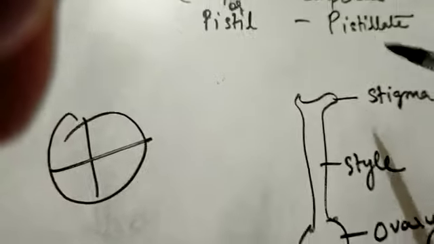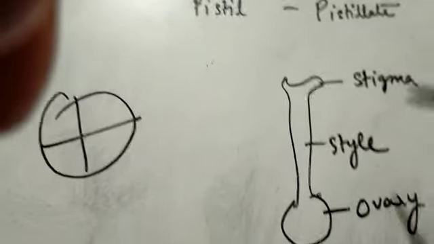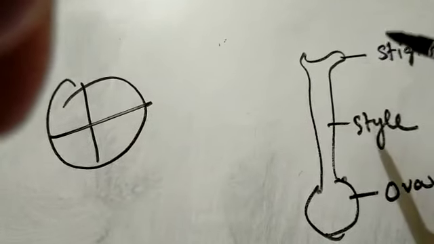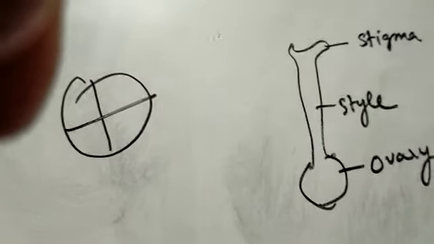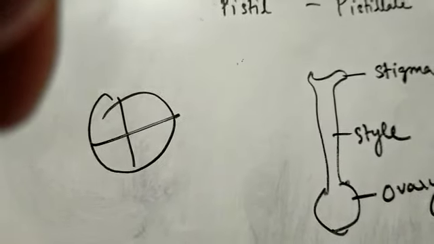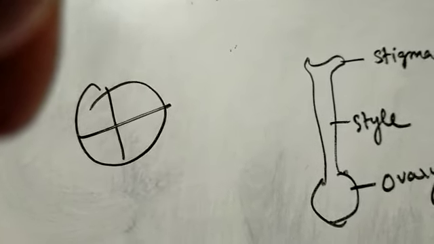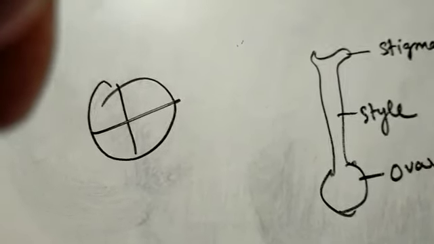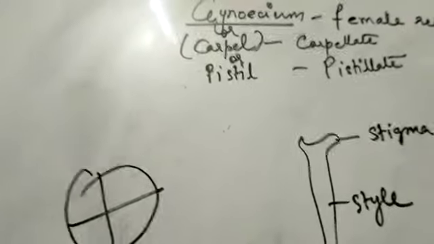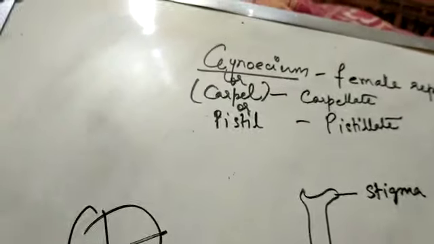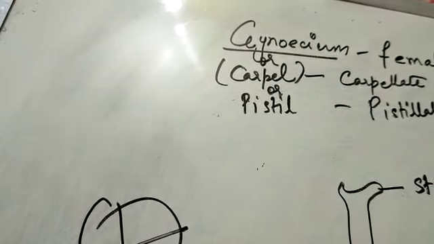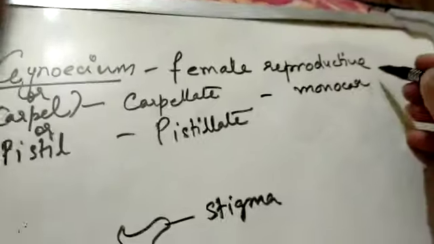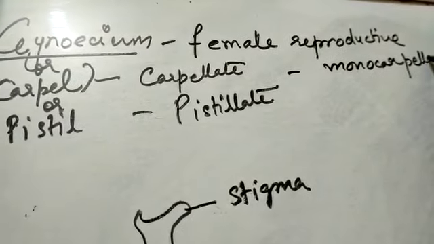So again, the main function is reproduction, but everybody has its individual function. The ovary contains the ovule, that is the egg. The style helps in carrying the pollen grain, and the stigma is there to get the pollen grains. It is positioned in such a manner that it will stick the pollen grains, right? Again, in the same way as in the male reproductive part, depending on the number of carpels, it could be monocarpellary, that means only a single carpel is present, one female part.